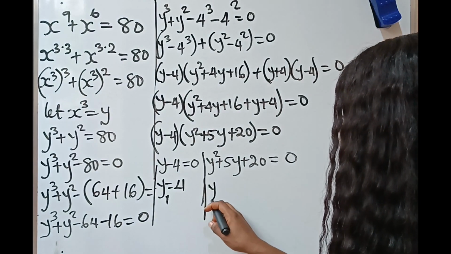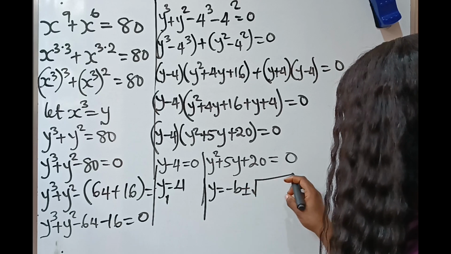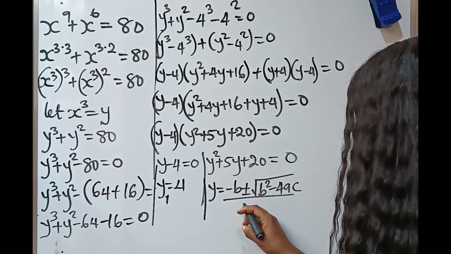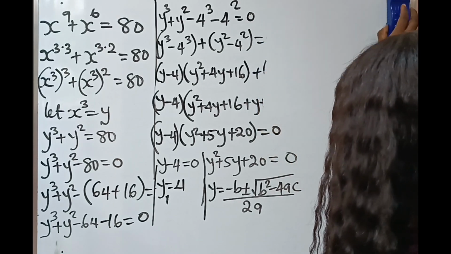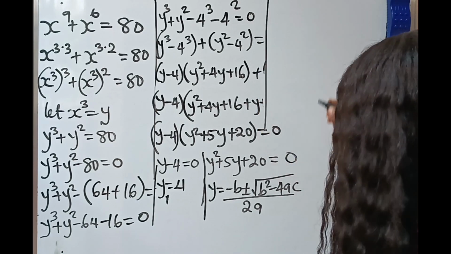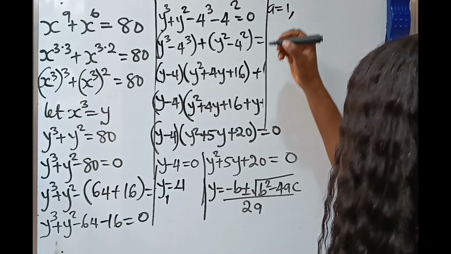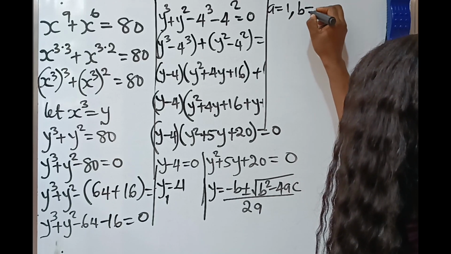and that formula states that y is equal to minus b plus or minus square root of b squared minus 4ac, everything divided by 2a. Now if you look closely here, our a is what? The coefficient of y squared, which is 1. Our b is the coefficient of y, which is 5.